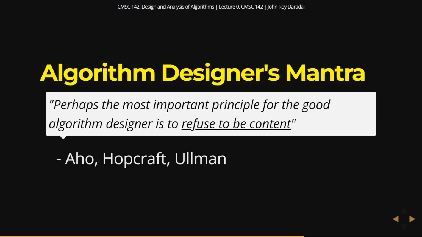You always ask, can you do better, until you can't do better than what you have. Hopefully you will learn more about this mantra later on, after taking 142, that you always strive to improve the performance of your algorithms.